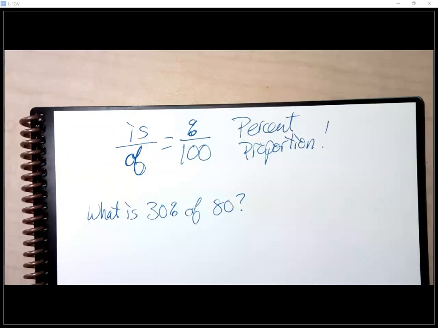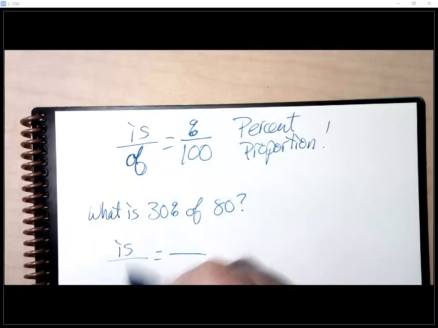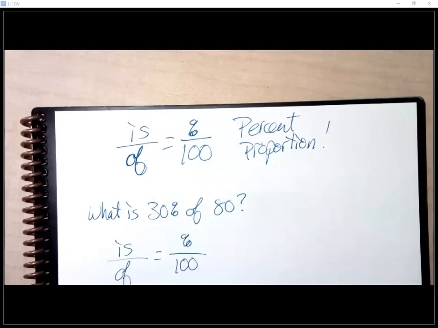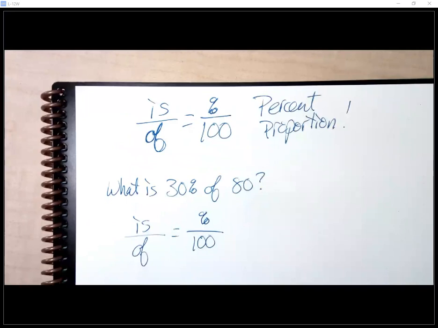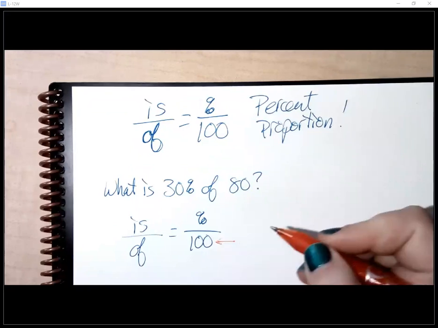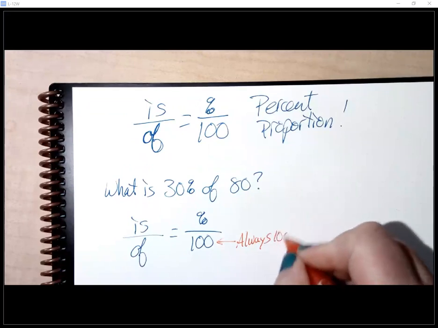So let me rewrite this. Is over of equals percent over 100. Guys, can we please? All right, the number in that bottom right-hand corner will always be 100. So that one always is gonna be a 100.